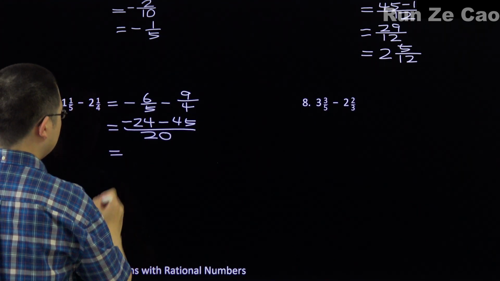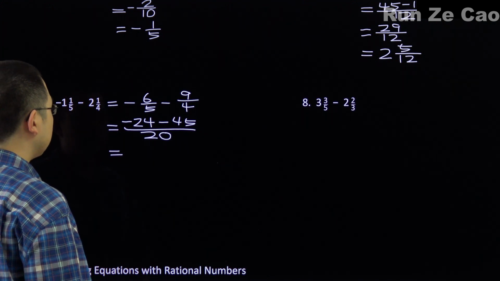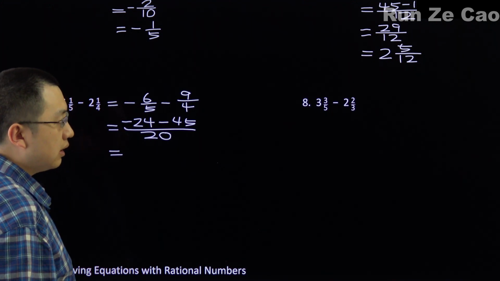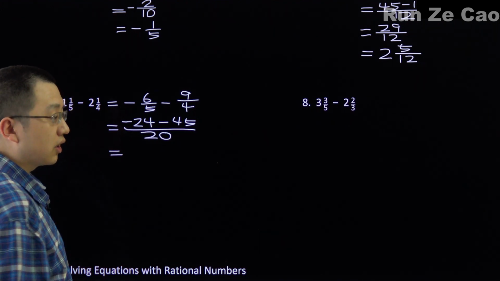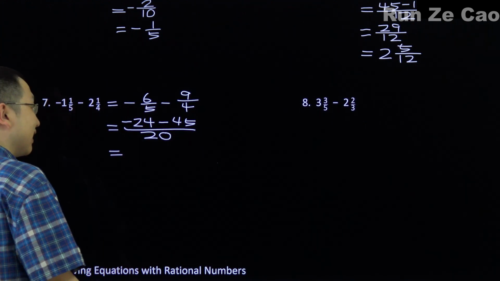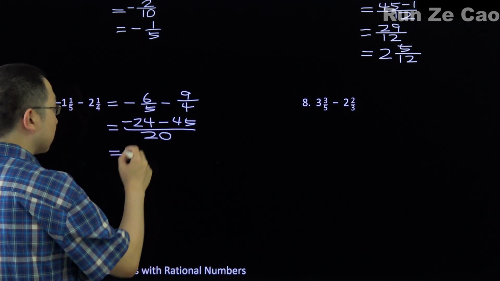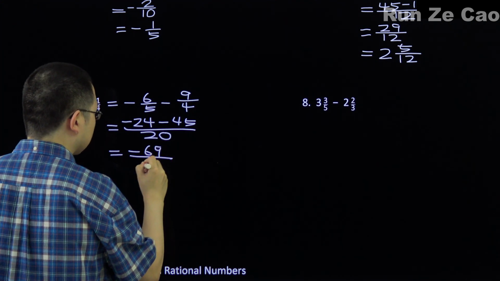Okay, so minus 24 minus 45 means negative 24 minus 45. What's 25 plus 45, guys? Because that's pretty easy, right? That's 70. So this is going to be negative 69 over 20.